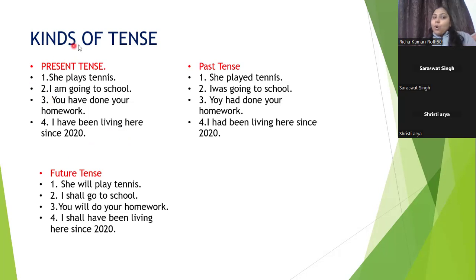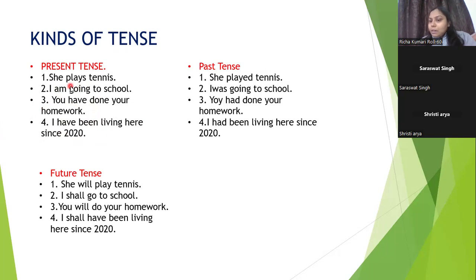Okay, so all these four sentences written over here are of present tense. All four of the sentences that I have written here are in present tense. But don't you think that all the tenses have different verb forms?